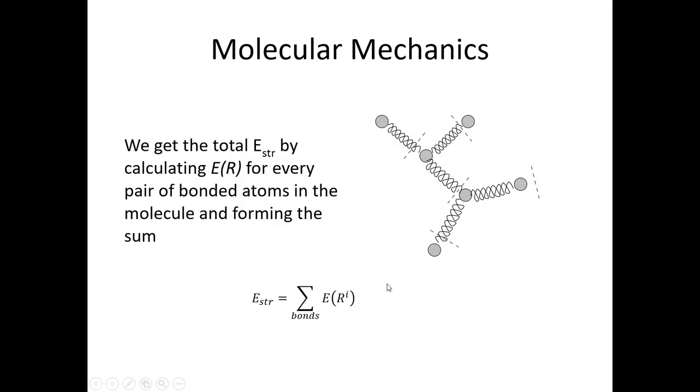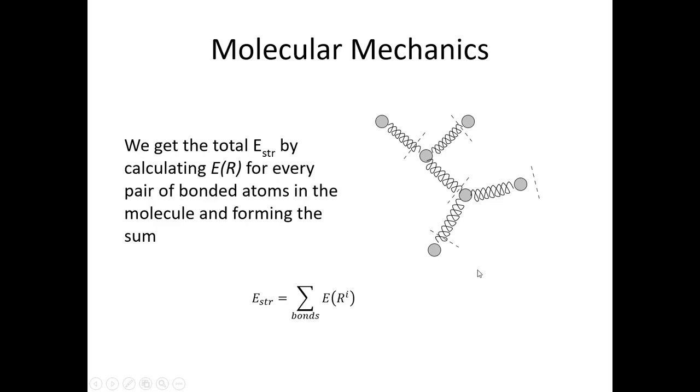One thing that we need to worry about is that in a molecule there will be more than one bond. So I've got a hypothetical molecule here which has 5 bonds, and you can see some of these bonds are stretched. They are longer than the equilibrium bond distance, and some of them are compressed. They're less than the equilibrium bond distance.